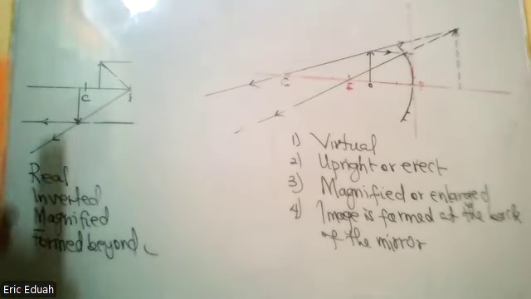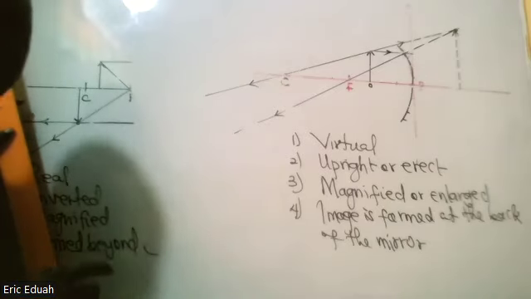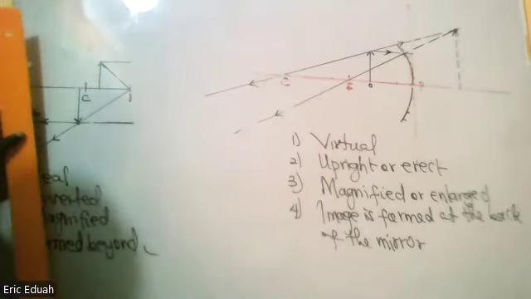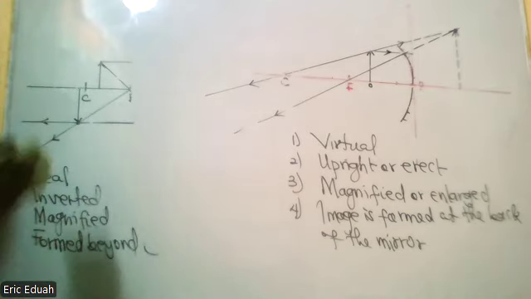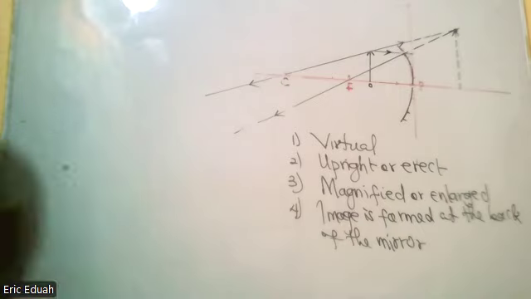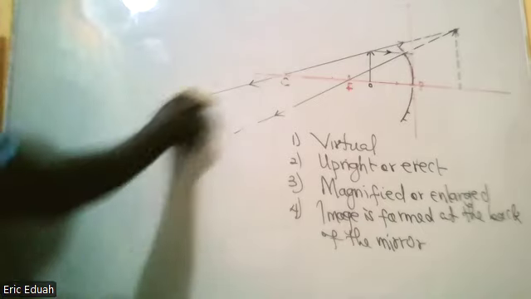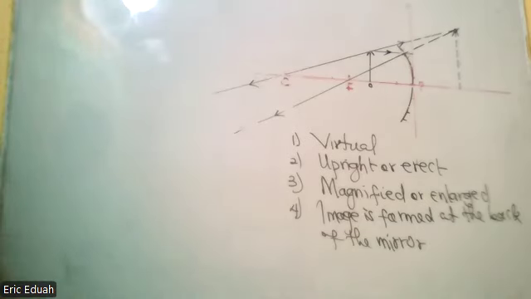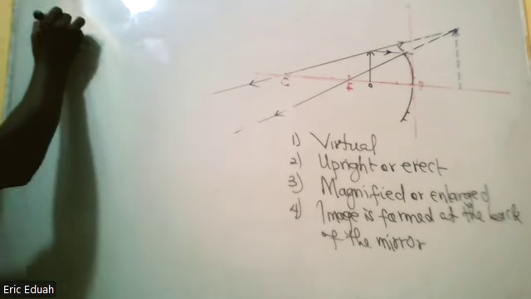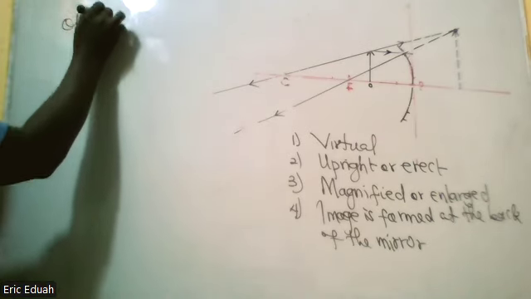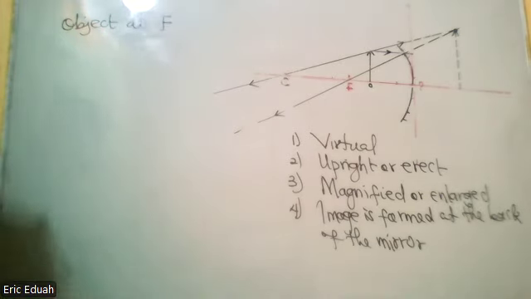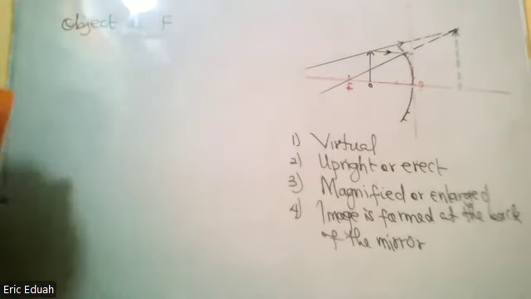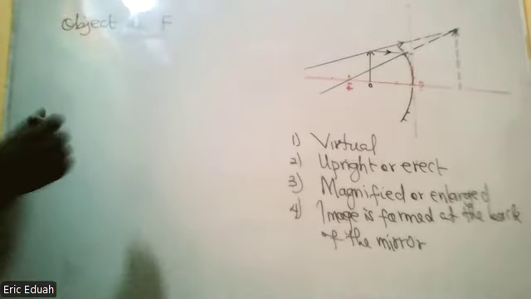Now let's look at when the object is placed at the principal focus F. What happens? When the object is placed at infinity, what happens? So let's first look at objects placed at F and at infinity. So objects at F. Then we look at anything convex.